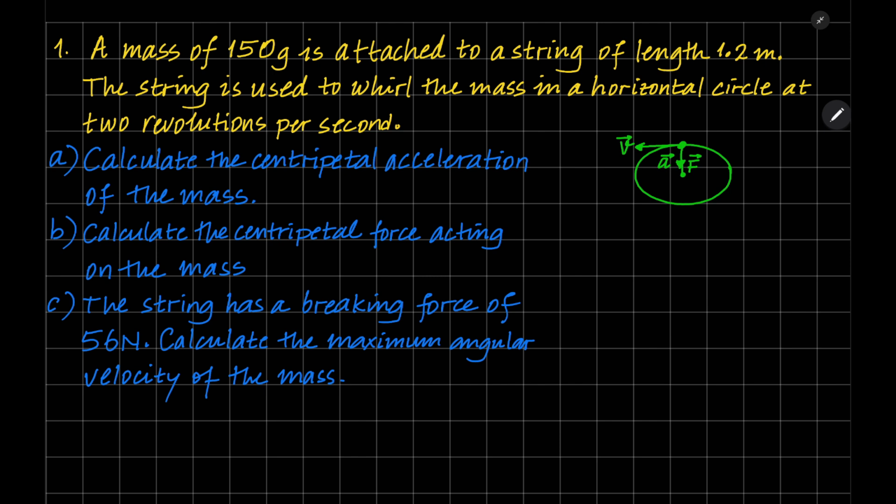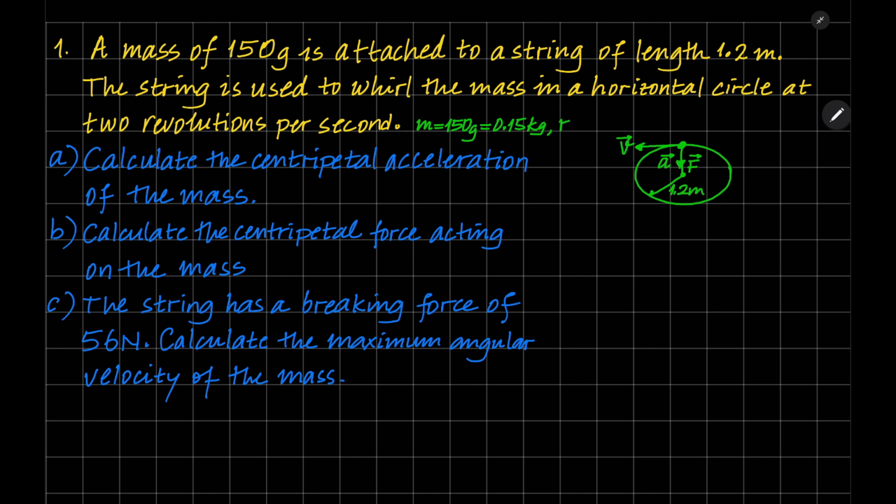It's given that the mass of the particle is equal to 150 grams, which is equal to 0.15 kilograms. And the radius of the circle is 1.2 meters.